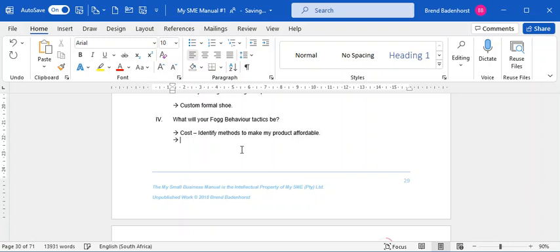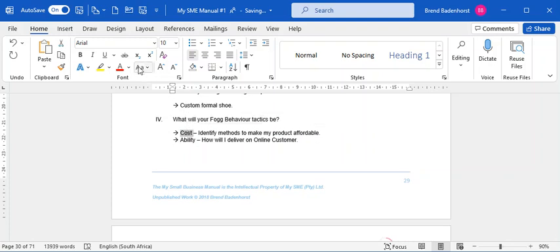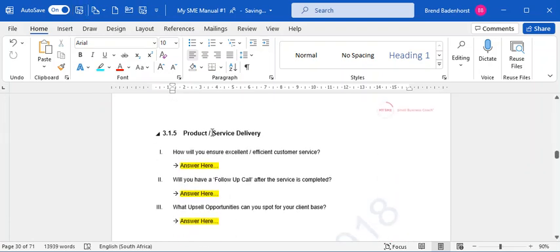Then the second one is the ability for the requirements needed. So how will I deliver to online customers? That's another question that I need to solve. Right, so that's my FOC behavior model. In a nutshell, I think the biggest thing that's going to be a problem here will be the cost. So I might as well highlight that to keep that in mind going forward.